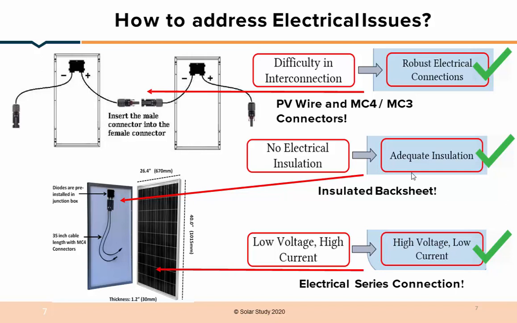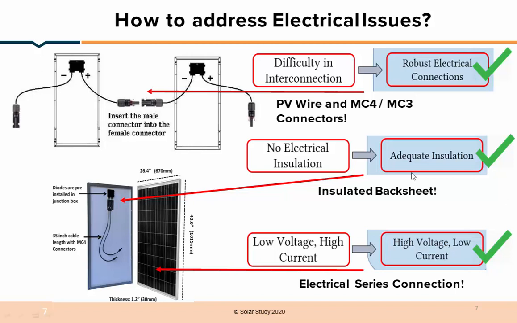Finally, they come out and are joined together in a single location. This joint location is called a junction box, containing plus and minus terminals. In order to prevent problems like shading, there will be some bypass diodes. I will tell you later why we have to use bypass diodes in the junction box.